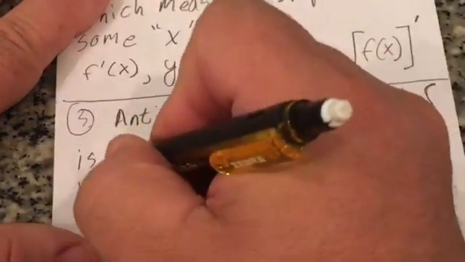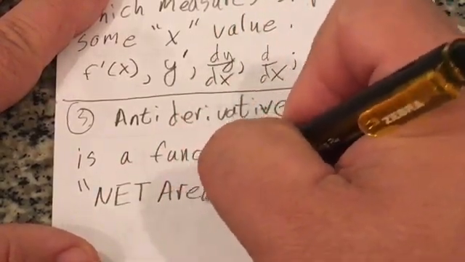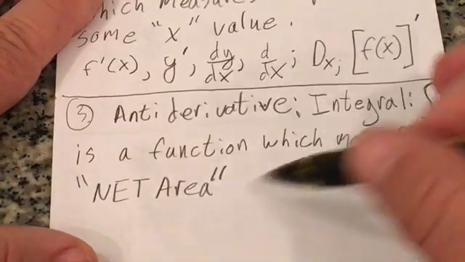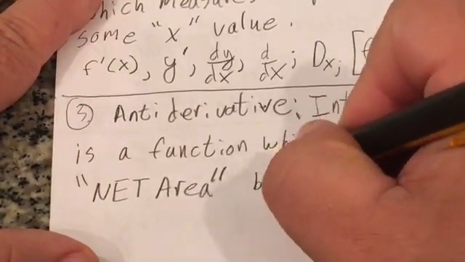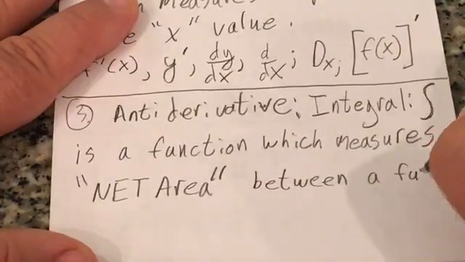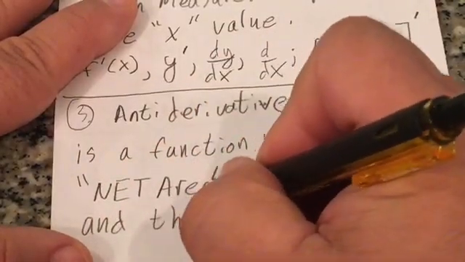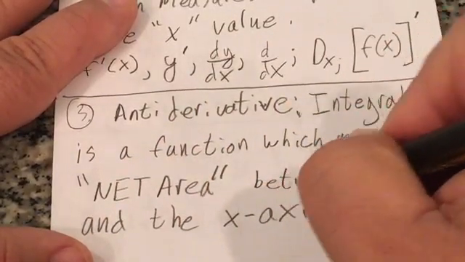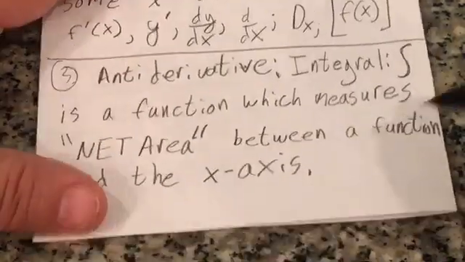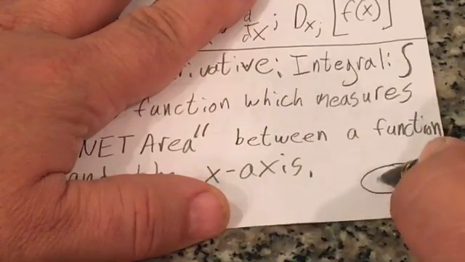I'm not going to say area, I'm going to actually say net area. And what that means is sometimes you can get a negative area. So it's the net area between a function and the x-axis. And this here, the antiderivative, is why calculus was invented, in order to find the area of non-standard shapes such as the ellipse.